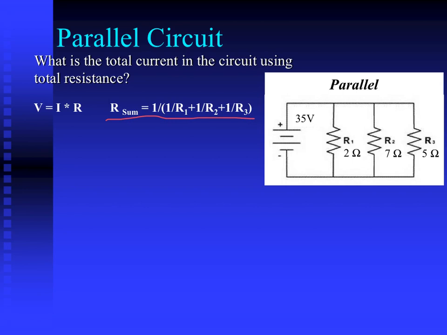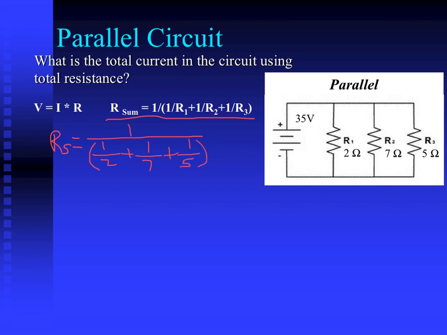So let's calculate that. That means the total resistance, I'll just call it R sub S, is going to equal 1 divided by the sum of the reciprocals. So that means 1 over 2, the first resistor, plus 1 over 7 ohms, which is the second resistor, plus 1 over 5 ohms, which is the third resistor.